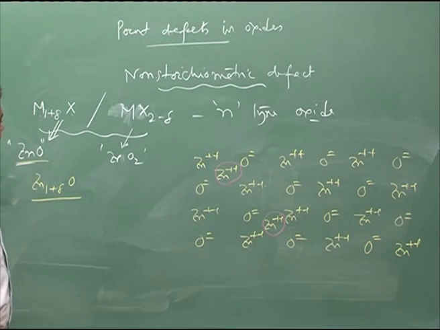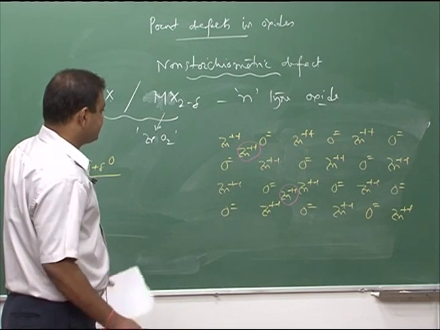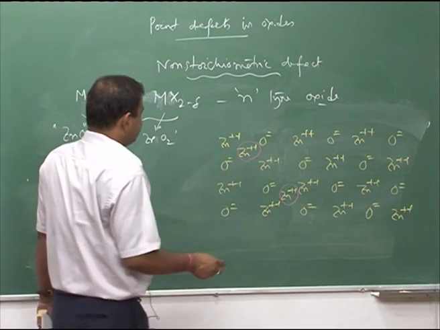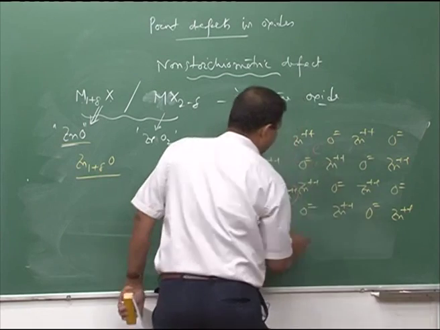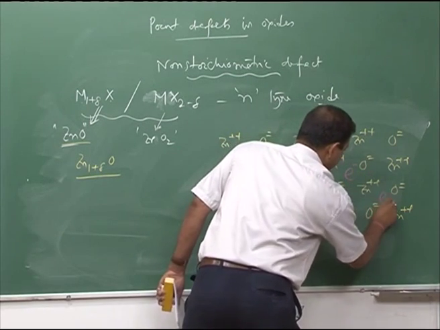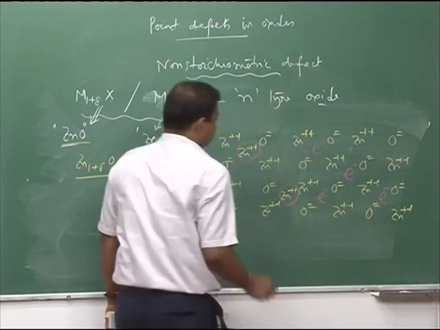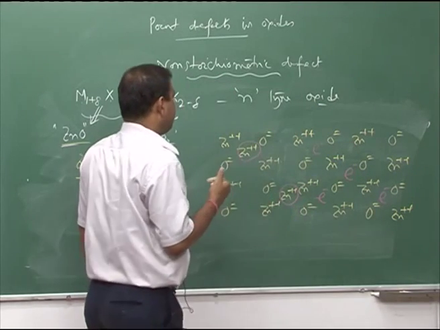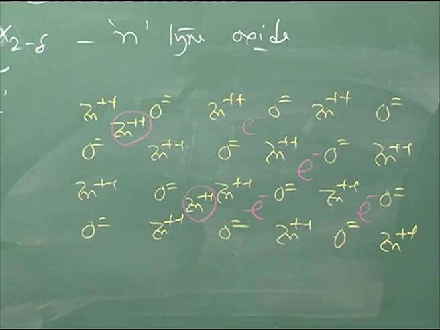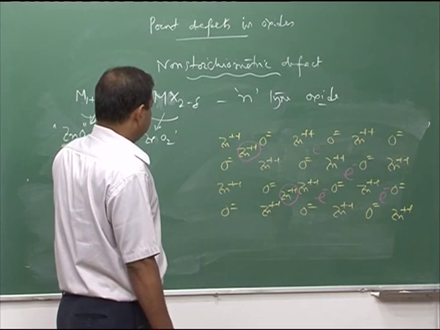Now, if we have 2 excess cations, then in order to maintain electroneutrality, there will be excess electrons, 4 excess electrons. This is basically a simplistic approach, and this would be sufficient for our understanding of the oxidation behavior of zinc oxide.